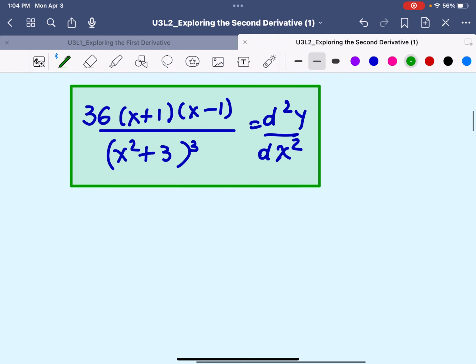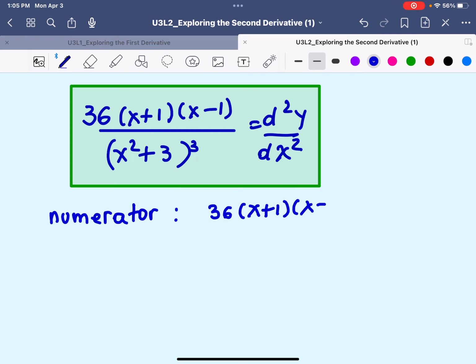So we're looking at the numerator. Remember that the sign of a rational expression is dependent on the signs of both numerator and denominator. So we'll say that for the numerator, we have the zeros wherever 36 (x plus 1)(x minus 1) becomes 0, which happens at x equals -1 and x equals +1.